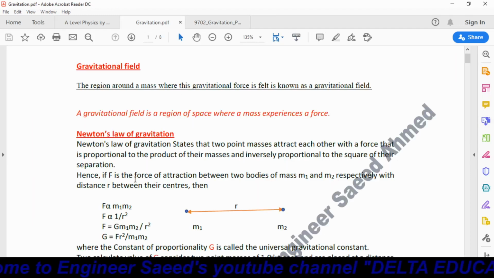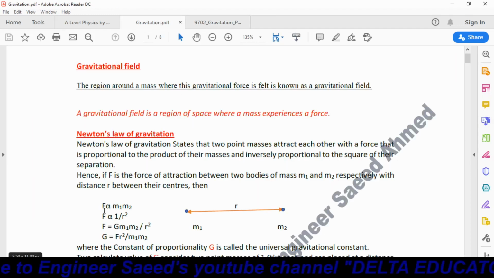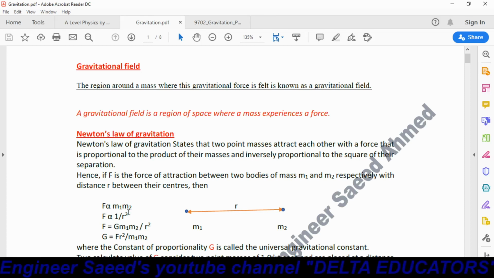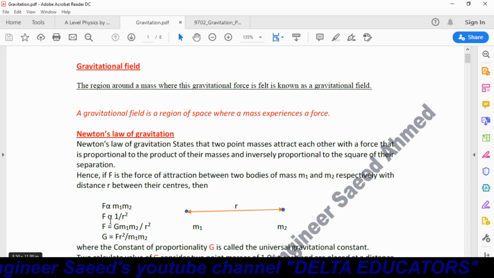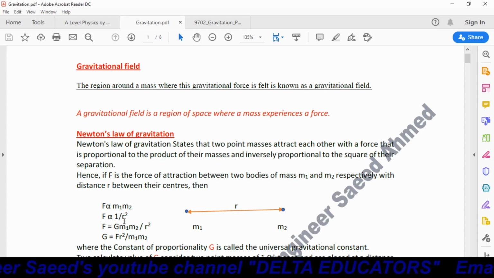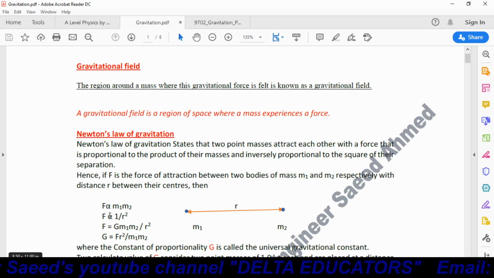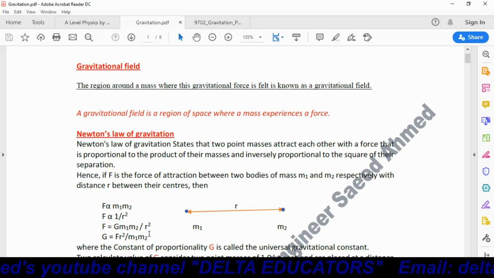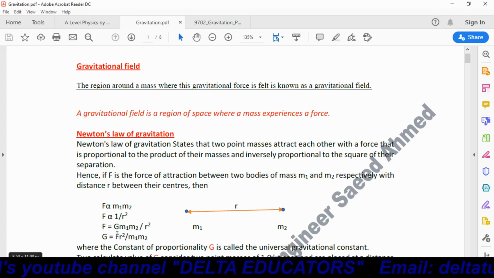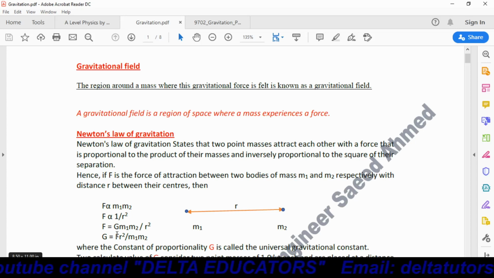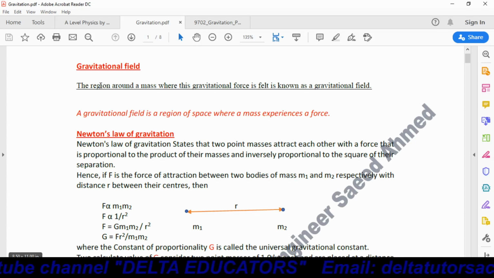Newton's law of gravitation states that the force of attraction between 2 point masses is directly proportional to the product of their masses and inversely proportional to the square of their separation. By combining these two expressions, we get F is equal to G m1 m2 over r square, where G is the constant of proportionality and is known as the universal gravitational constant.